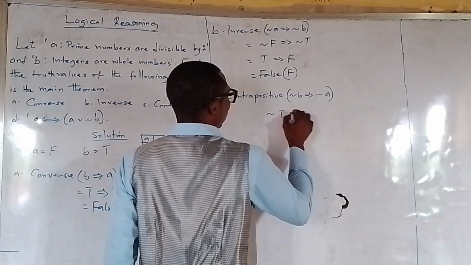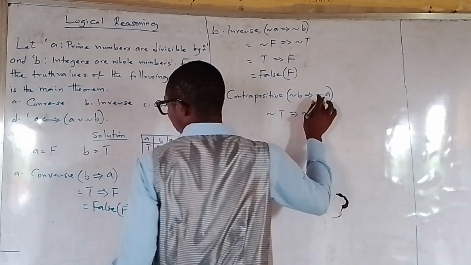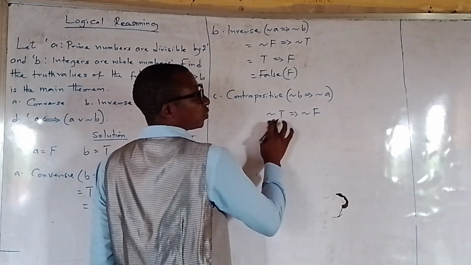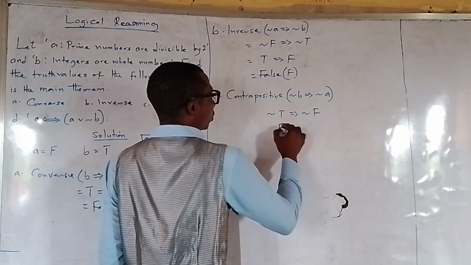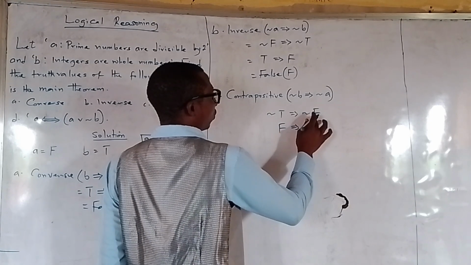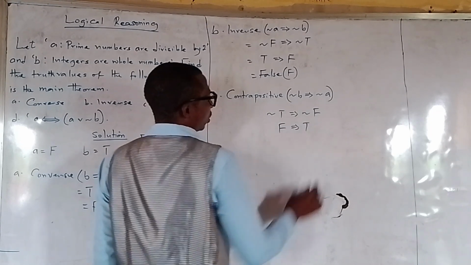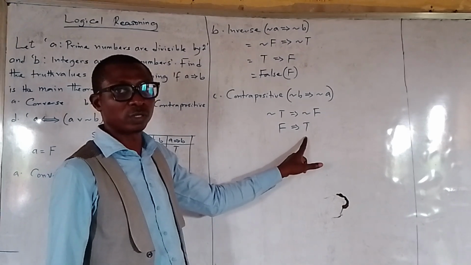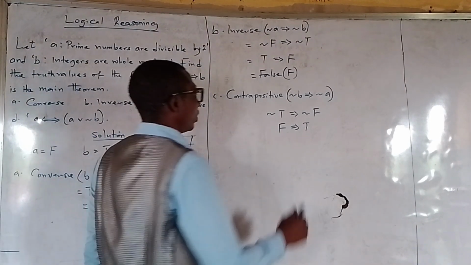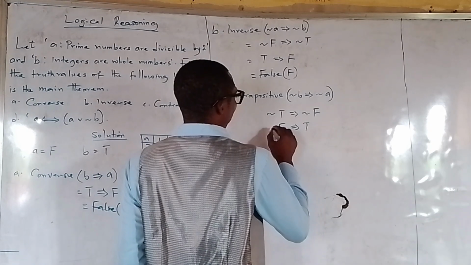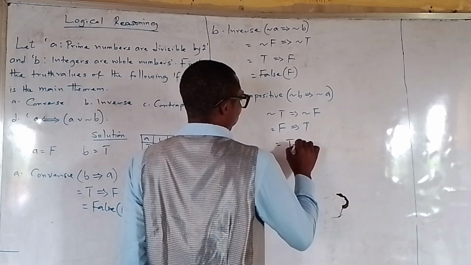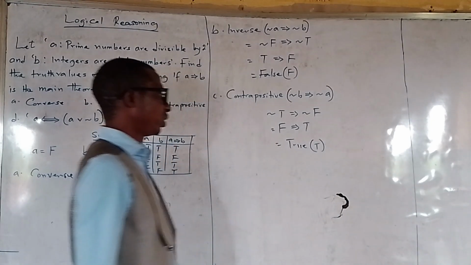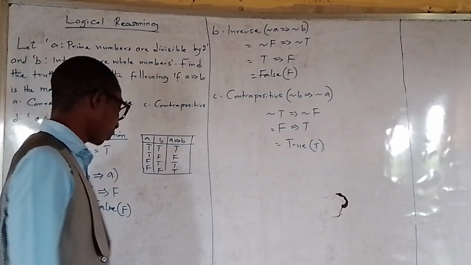Negation of true implies negation of A. A is false, so negation of false. Negation of true is false. Implies negation of false, and that is true. So false implies true is what? It is true. And that means our result is true. So the truth value for contrapositive is true.